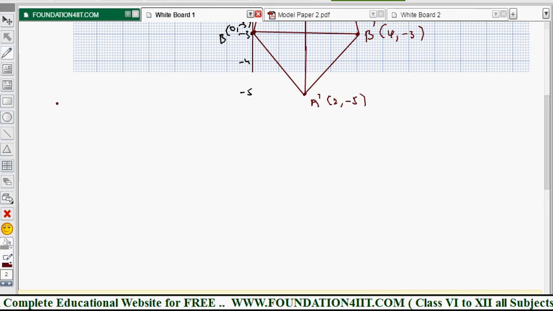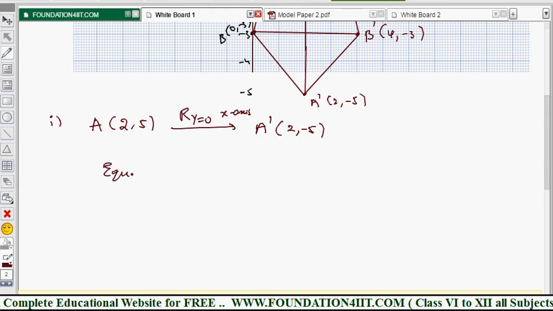Now from this all, the first one is A (2, 5). Okay, that is reflection on y is equal to 0. That is x-axis. Okay, x-axis means A dash (2, -5). So y is equal to 0 means x-axis. Therefore equation of AA dash is x is equal to 2 because it is parallel to y-axis.